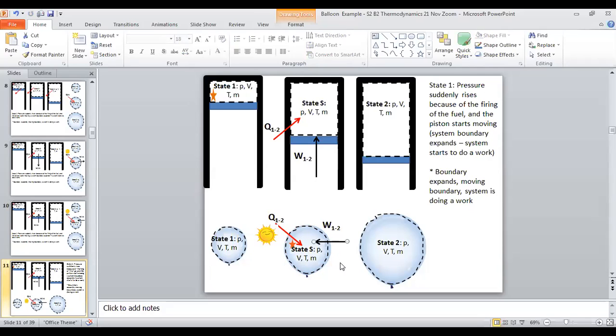So that's why you can see generally for closed system, whether it's a well-crafted solution like power stroke of a piston or like this balloon example, you can see a similarity when it comes to the heat and work evaluation in this model.